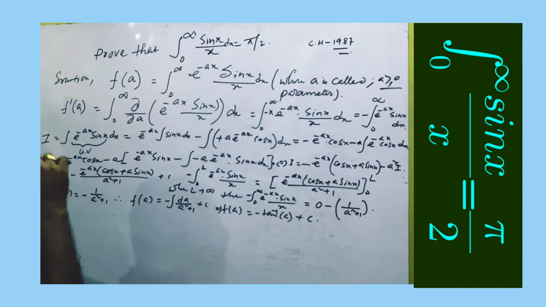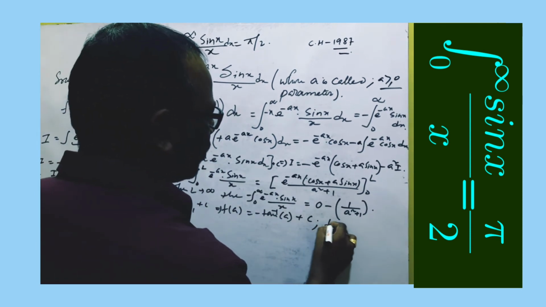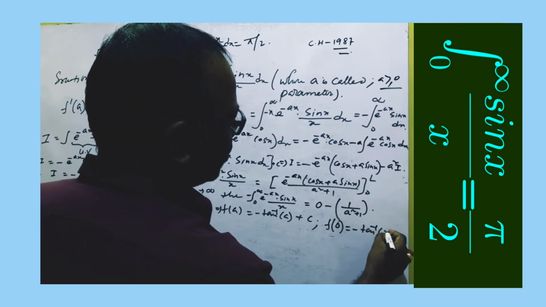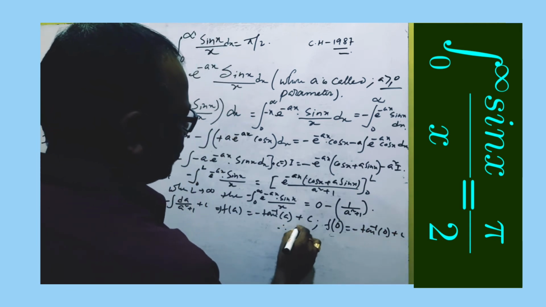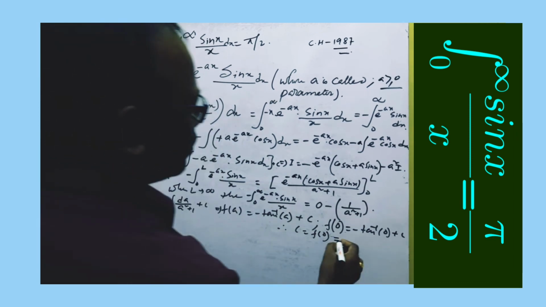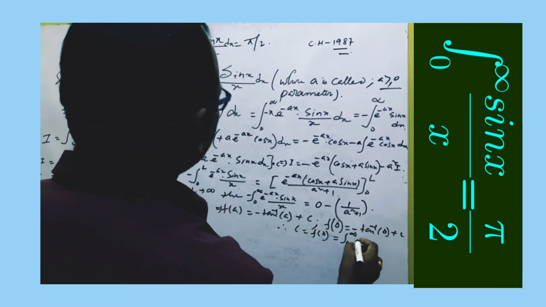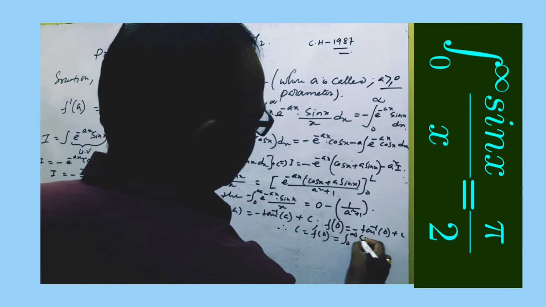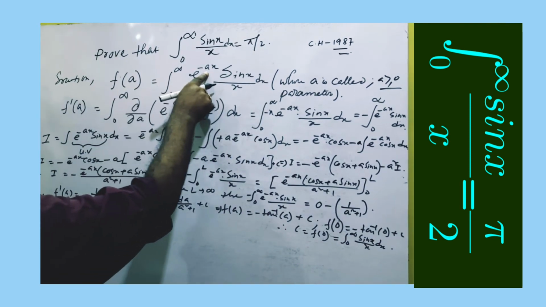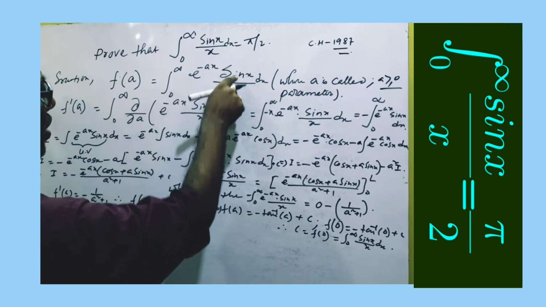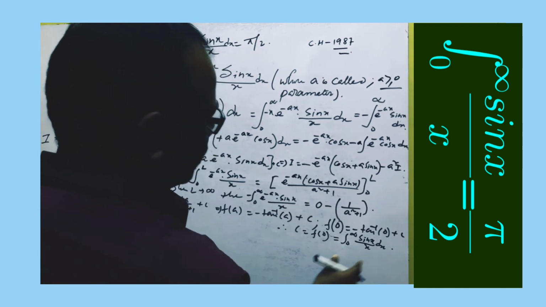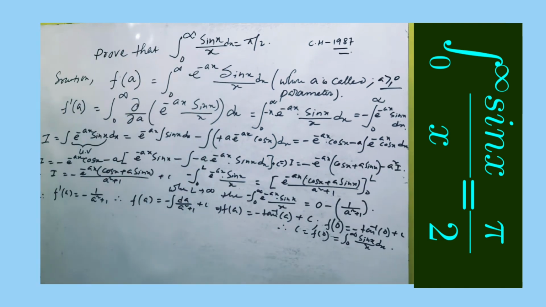So now if we put 0, that is equal to minus tan inverse 0 plus c, therefore c is equal to f of 0. Again I repeat, if we put a equal to 0, then e to the power 0 is 1, so f0 is integral 0 to infinity sin x by x dx, and this is your query. Now you have to find the value of f0.